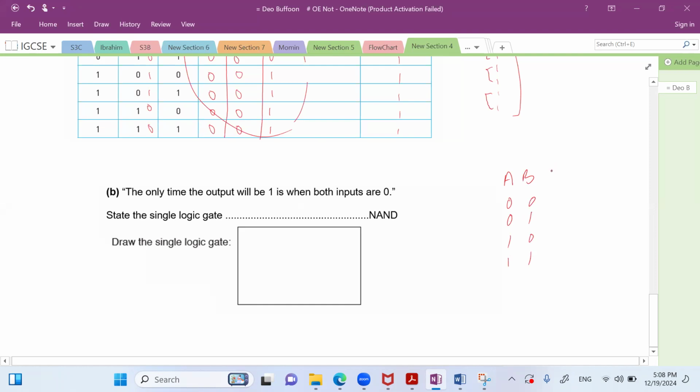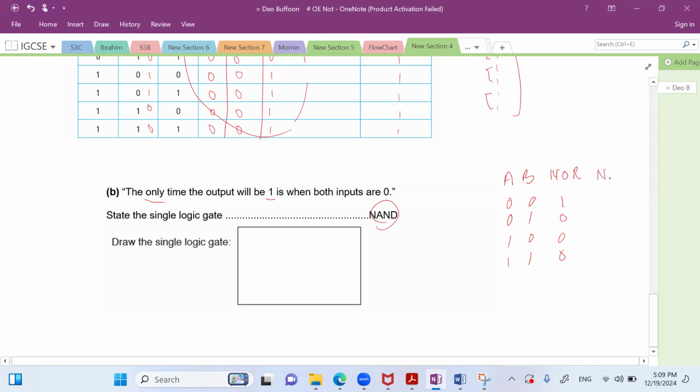If it is NOR, not NAND, if it is NOR, then two zeros will become 1, and the rest 000. So the only time we get 1 is in NOR, right? It says the only time the output will be 1. The word 'only' has the stress on it.